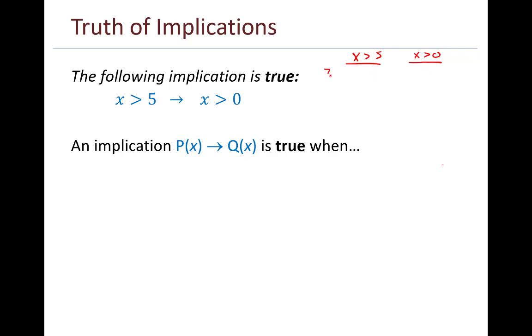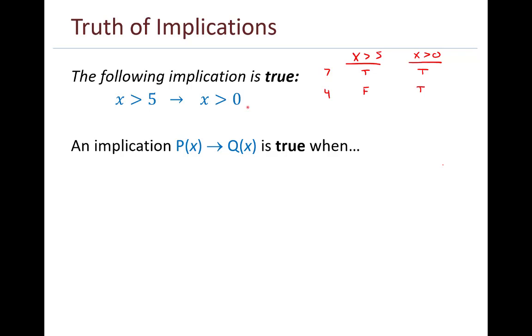So that's true, true. There are times when the hypothesis is not satisfied. So what about the number 4? Well, 4 is not greater than 5, but still 4 is greater than 0. So with the number 4, it's interesting, I have a particular case of false implies true, even though I know the implication is true.